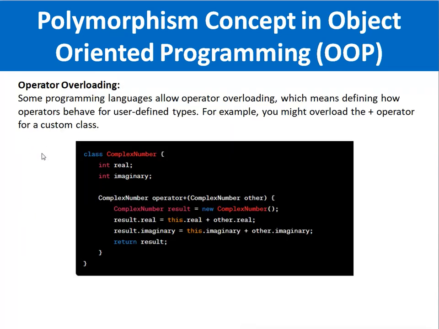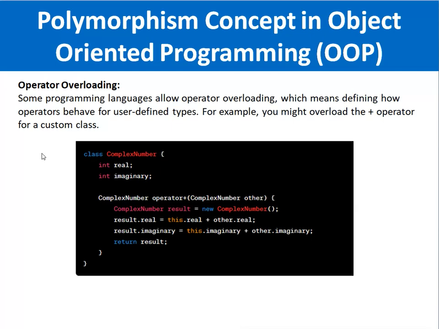Then operator overloading. Friends, operator overloading basically allows defining how operators behave for user defined types. For example, operators like plus, minus, multiply, divide have a standard implementation, a standard definition.